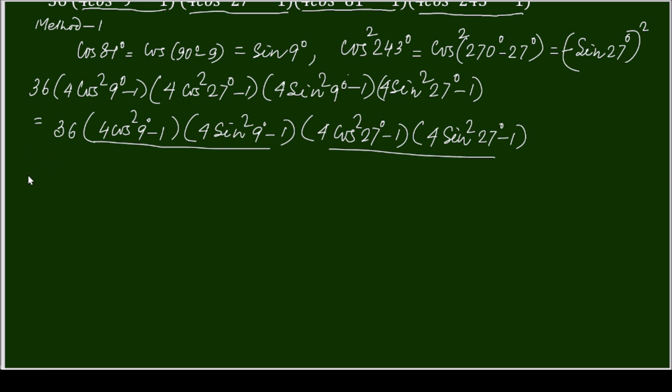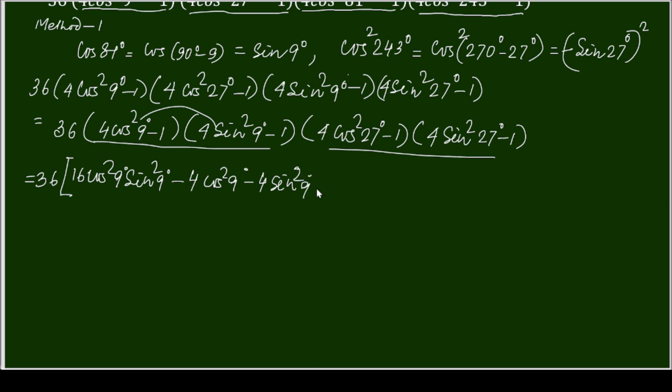So I'll get 36 times, just multiplying this, it will be 16 cos square 9 sine square 9 minus 4 cos square 9 minus 4 sine square 9 plus 1.